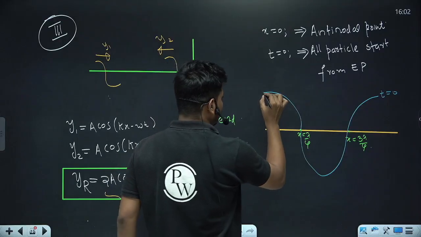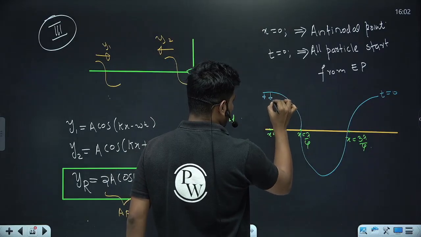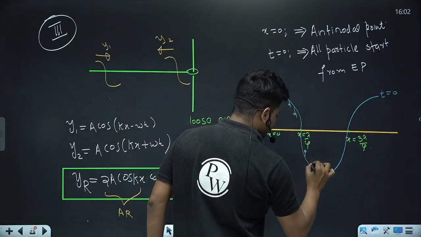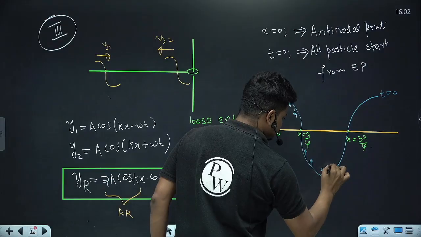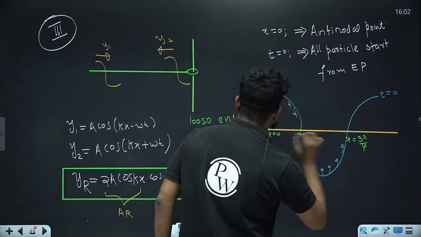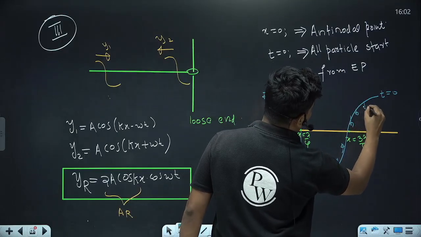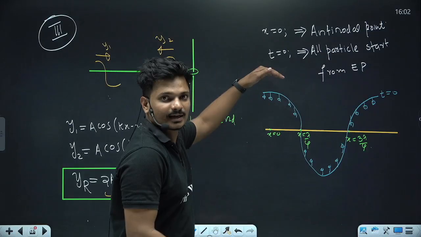So every particle has a tendency to move like that. And we can draw this one also like that.